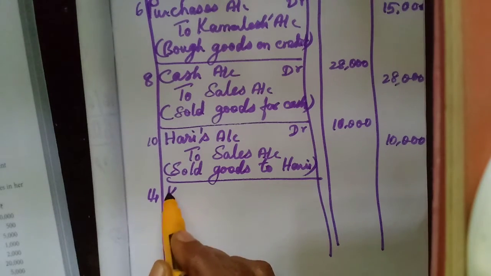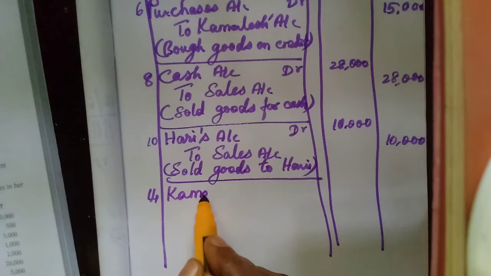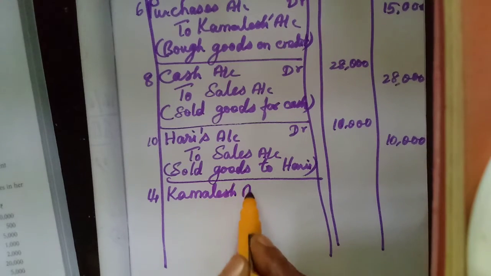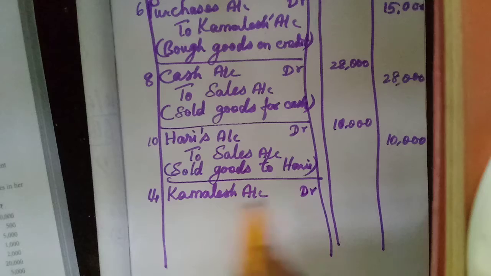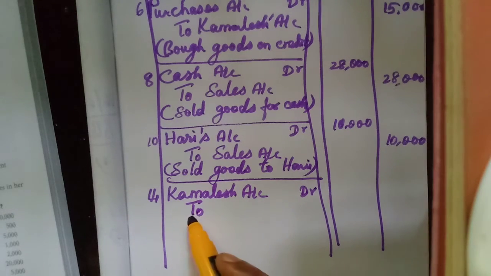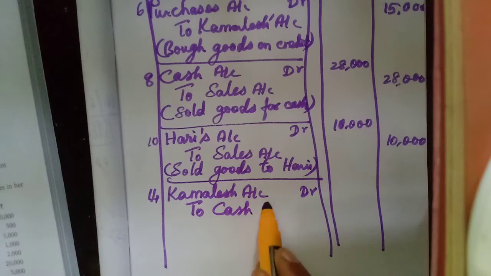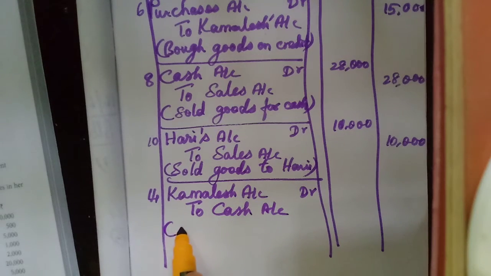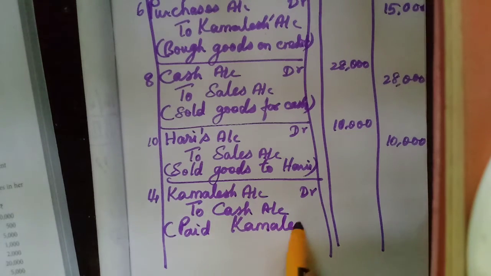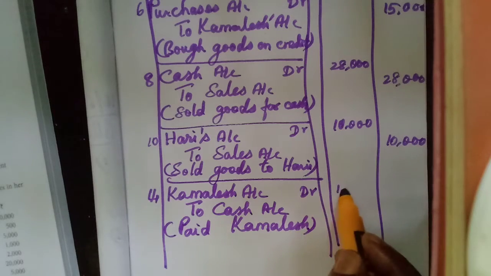Okay, so we should debit Kamalesh account debtor to what is going outside? Cash. Paid Kamalesh. 12,000.